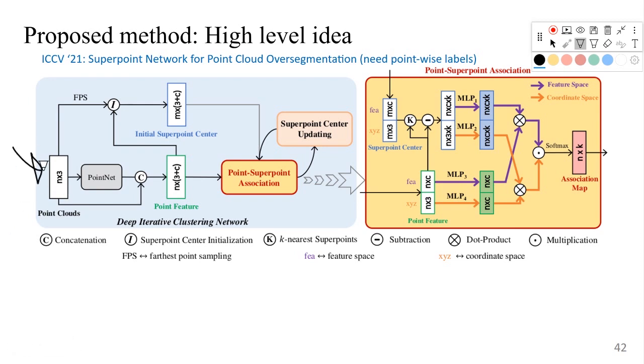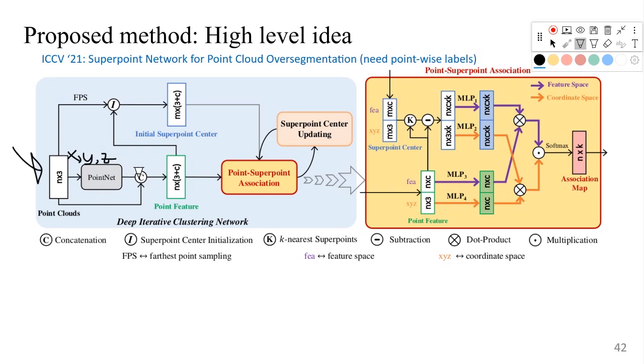Given the number of points n, with xyz as the point coordinate, we compute the point features, in this case using PointNet. We already discussed how to extract point features using PointNet in the earlier video sections; you can check in this playlist.